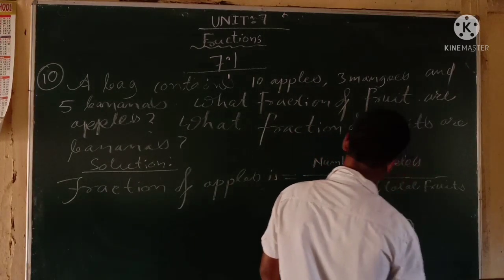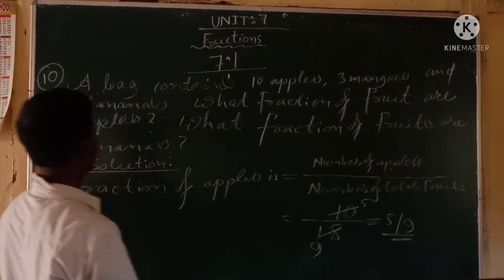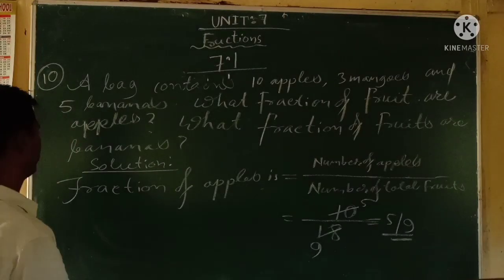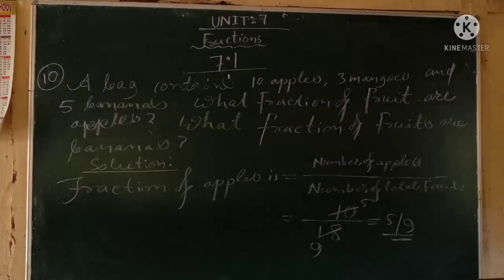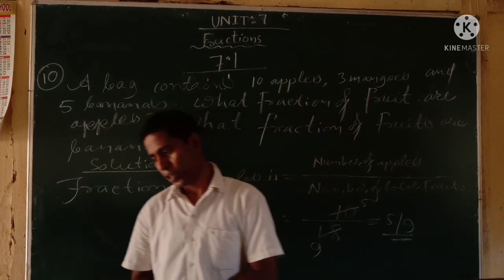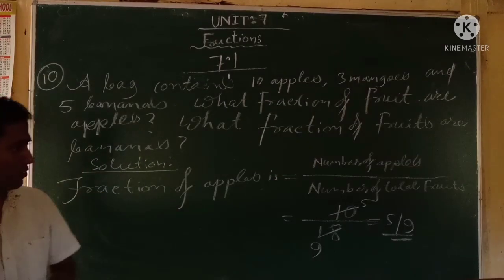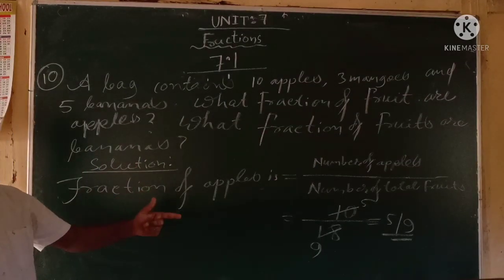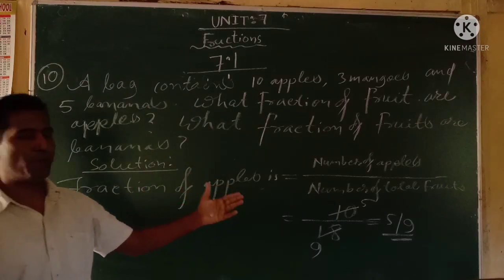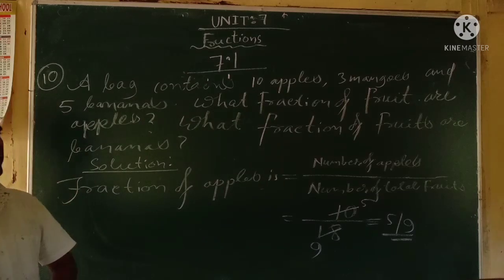That is the fraction of apples. Similarly, you can find the fraction of bananas yourself. The fraction of bananas is equal to the number of bananas divided by the number of total fruits.